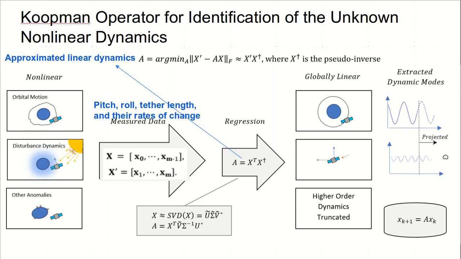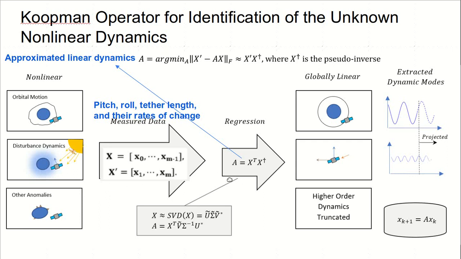Now, the overall algorithm in the context of subsatellite deployment maneuver for identification of these nonlinear dynamics is given in this slide. As you can see, we have snapshots of data captured through the matrices X and X prime at different time samples. Each column of these matrices includes the data of the geometric degrees of freedom theta and phi, and the tether length, and also their rates of change.